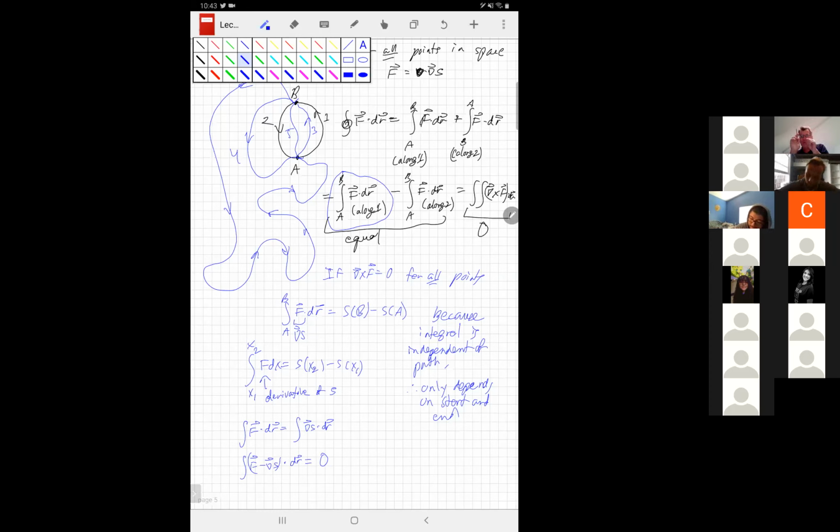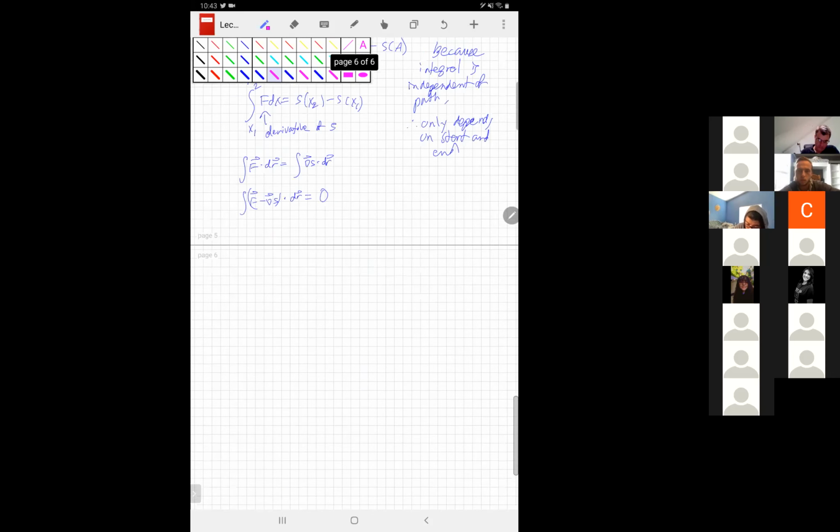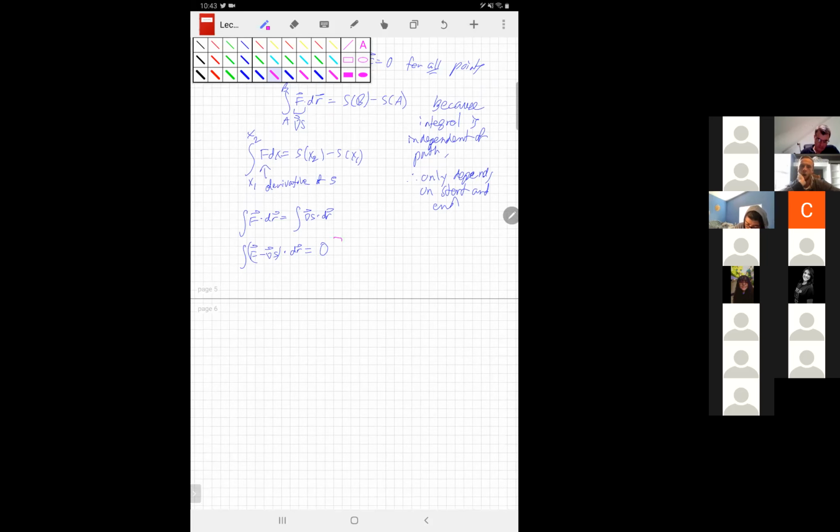If I've got two vectors which are very different from each other, but happen to have the same x component, I subtract these two vectors. This only implies F minus the gradient of S equals 0 if true for all paths.